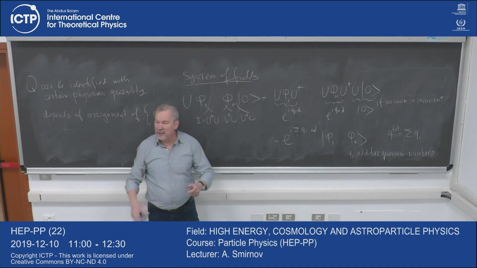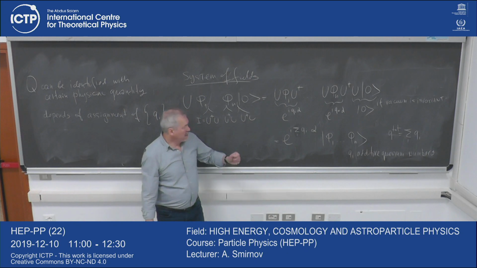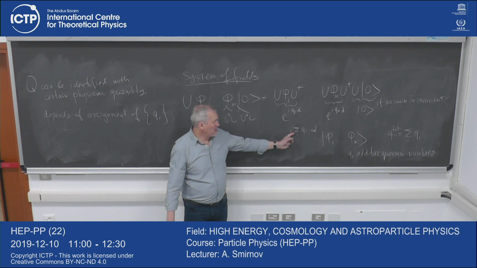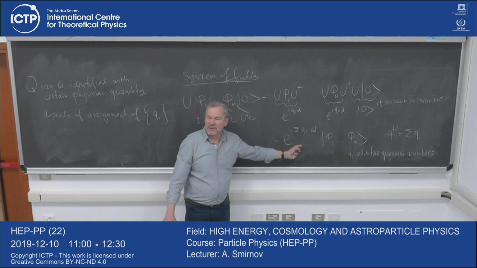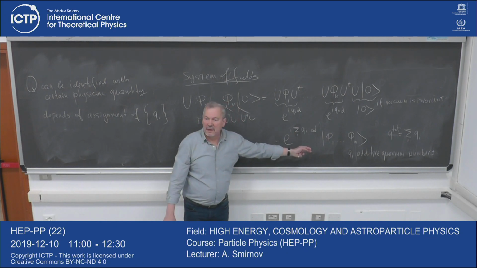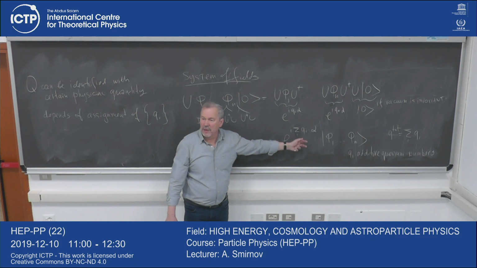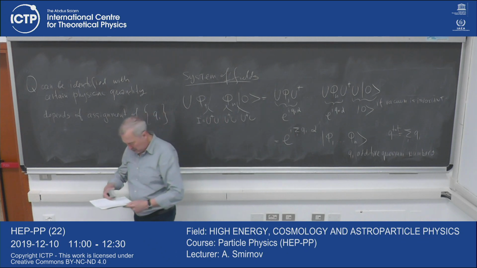In contrast to parity, C parity, or just parity. And the difference is because, remember, the transformation was not under an exponent. It was just a multiplication of our fields, and therefore it was a multiplicative quantum number. Here, because the transformation of this Q is staying under an exponent, instead of multiplication, we have a summation of these quantities.